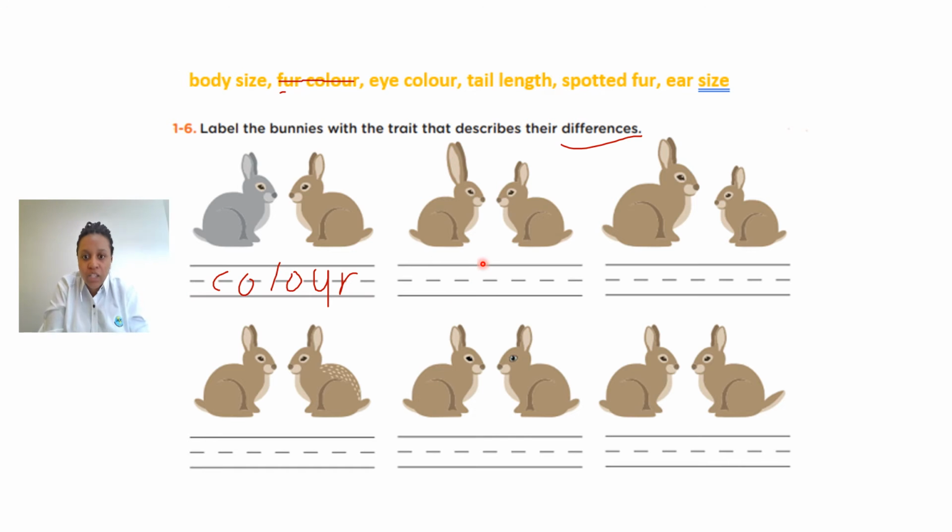Okay, so now can you tell me, is it the body size? No. Is it the eye color? Let's look at the eyes. Oh, nah, they look the same. The tail length? No. Spotted fur? The fur looks the same.